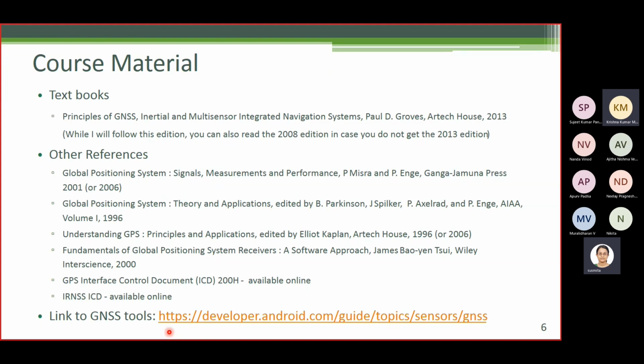I have seen that different people face different problems. There is a forum also on that website where you can post questions. So unless you do it well in advance, it is difficult to make things work at the end. While discussing navigation techniques, I'll also give you an overview of GNSS and explain some important terminologies, so that once you visit that website and see more details, you do not feel lost.